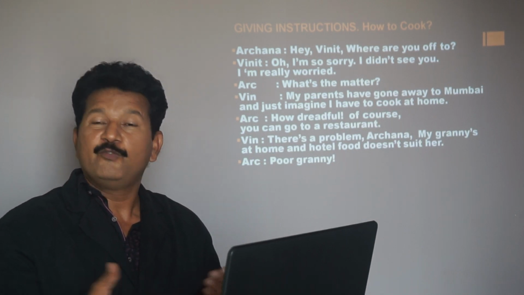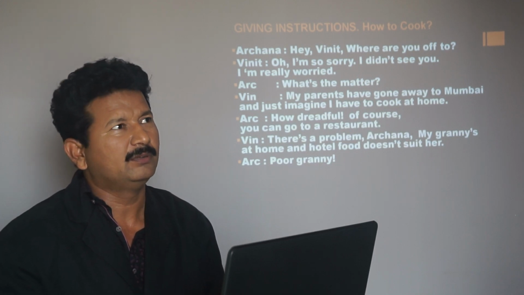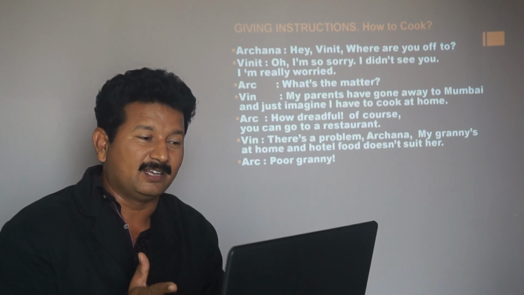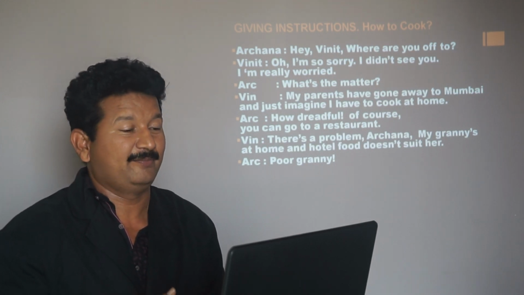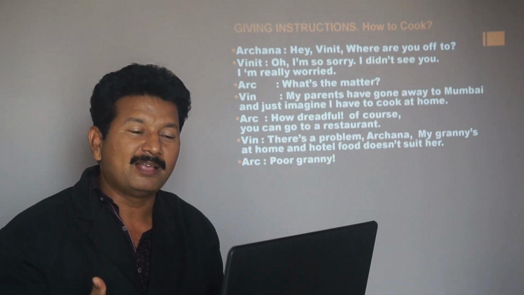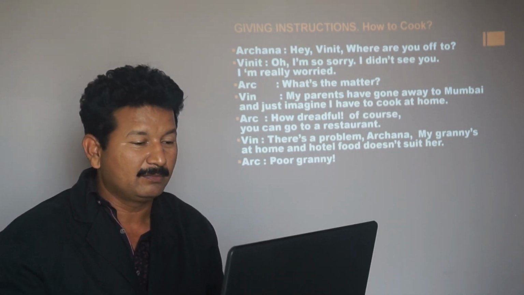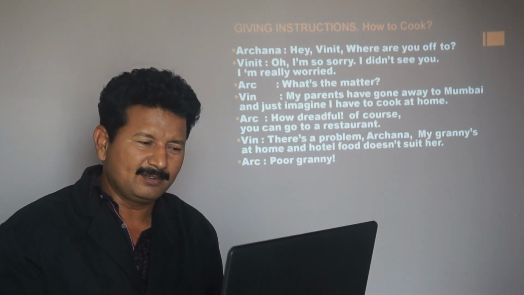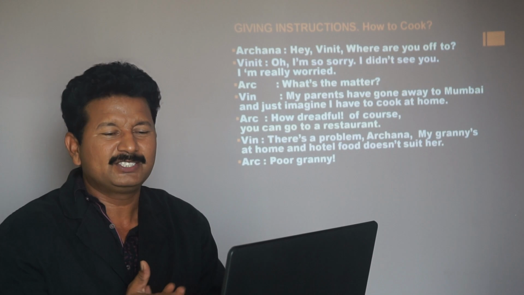Hey Vinith, where are you off to? Oh, I'm so sorry. I didn't see you. I'm really worried, Archana. Hey, what's the matter? My parents have gone away to Mumbai and just imagine I have to cook at home. How dreadful. Of course, you can go to a restaurant. There is a problem, Archana.